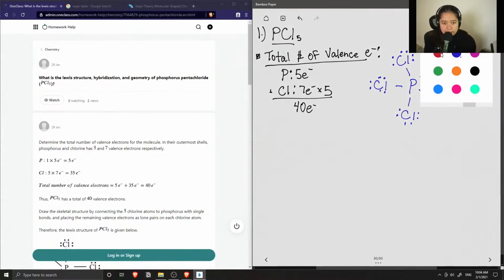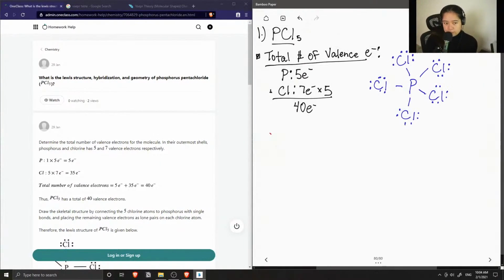Okay, so if we count how many electrons I've drawn so far in this structure, and we recall that each bond contains 2 bonding electrons, and each of the chlorine atoms has 6 electrons in the form of lone pairs, then we can see that I already have my 40 electrons in this structure. So now we can analyze it further to find out its hybridization and geometry.